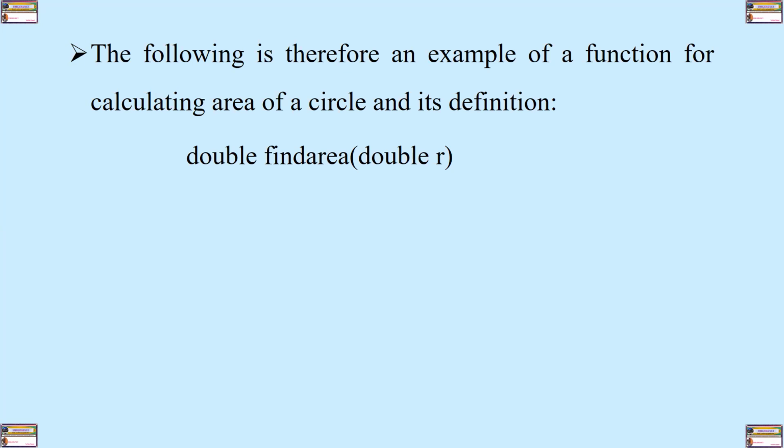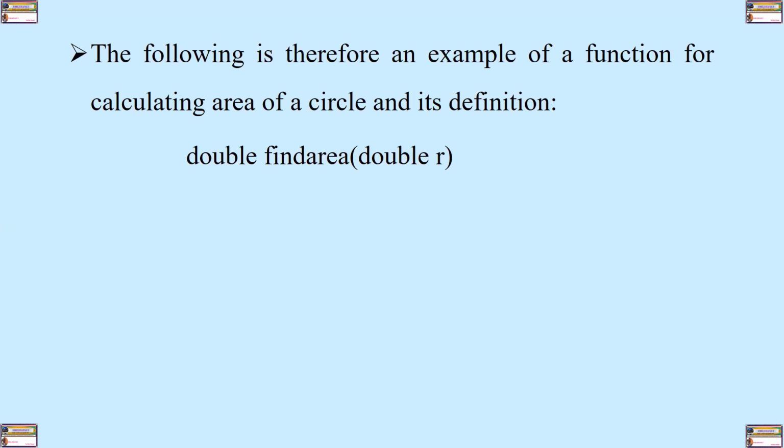We can tell that this function is for finding area, but we don't know it is area of what. Now, this function called find area is expected to compute the area and return a value of type double. And we can see this function is also receiving a parameter.